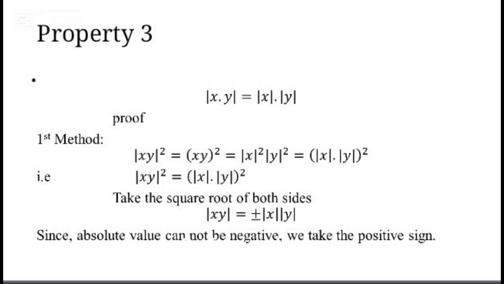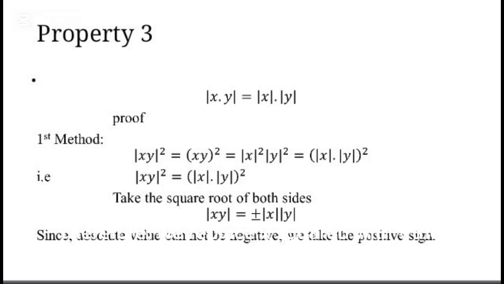So far, we have the square of the absolute value of x times y is equal to x squared times y squared. We also know that when you square a number, it becomes positive, just like taking the square of its absolute value. So, we can say x squared is the same as the square of the absolute value of x, and y squared is the same as the square of the absolute value of y.